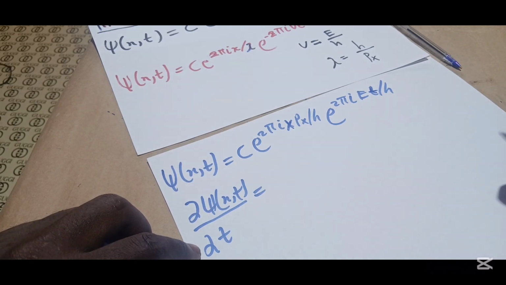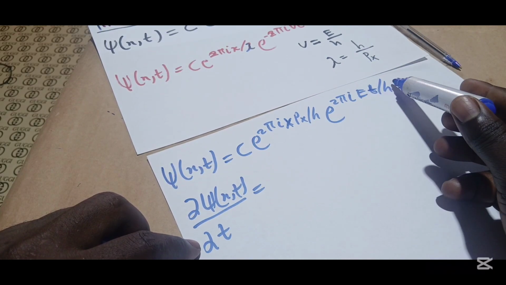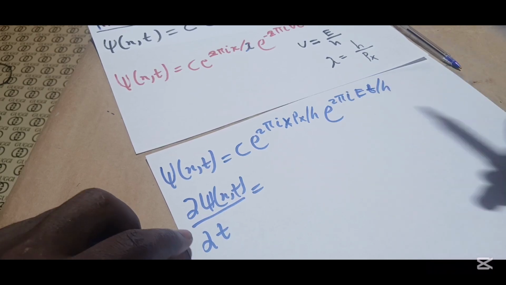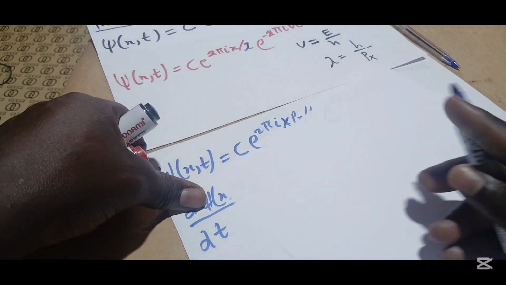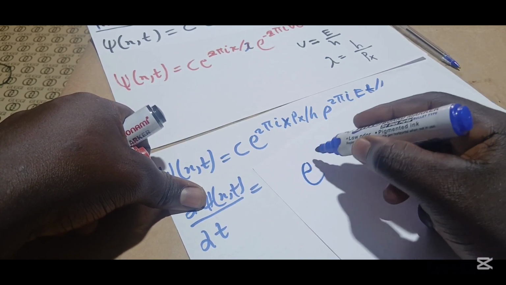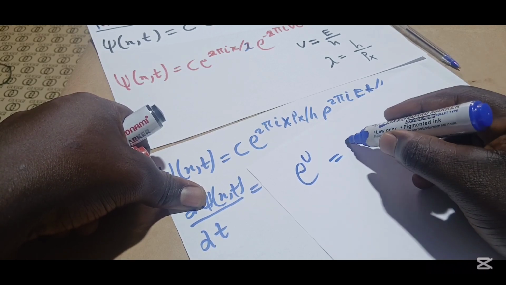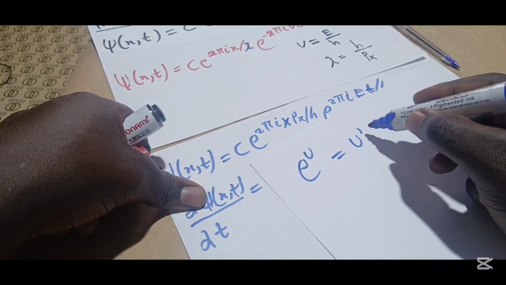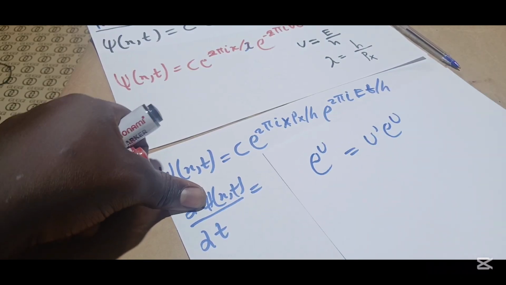So we want to look at where we have the time term. And how do we differentiate exponential functions? If we have e to the power u, differentiating this gives us the derivative of u multiplied by e to the power u, which is multiplied by everything.